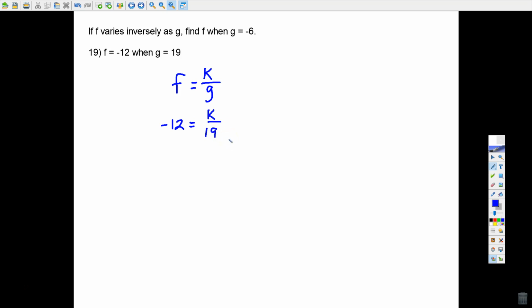So if you need to grab your calculator, we're going to multiply by 19 on both sides. -12 times 19 is -228. So my specific equation for this problem will be f is equal to -228 divided by g.